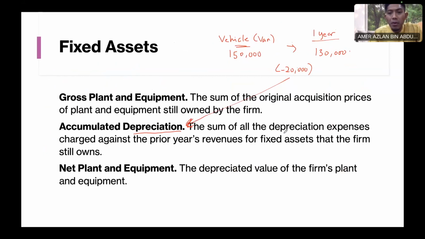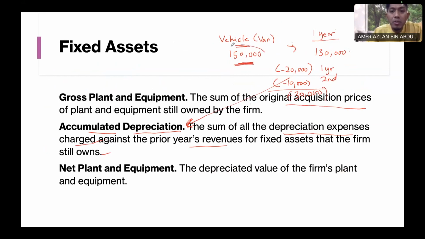Accumulated depreciation is the sum of all the depreciation expenses charged against the prior years' revenue for fixed assets that the firm still owns. So let's say this is the first year, and then in the second year, it drops another 10,000. So in total, the company has an accumulated depreciation worth around 30,000. So it's a negative value. The gross plant and equipment is the sum of the original acquisition price of the plant and equipment, for this one, 150,000.